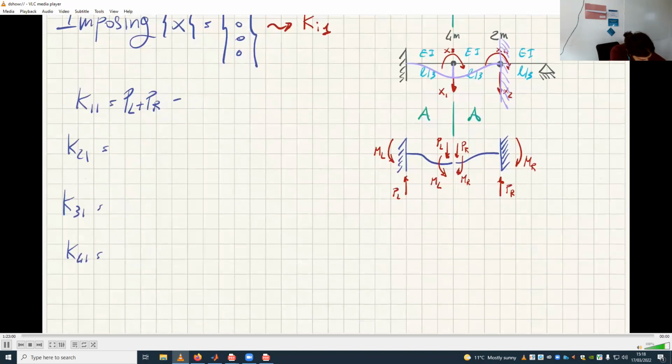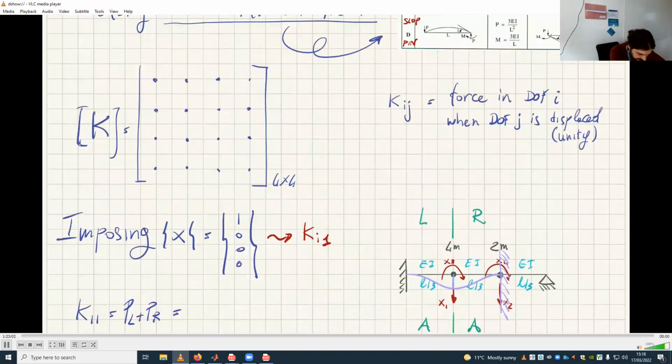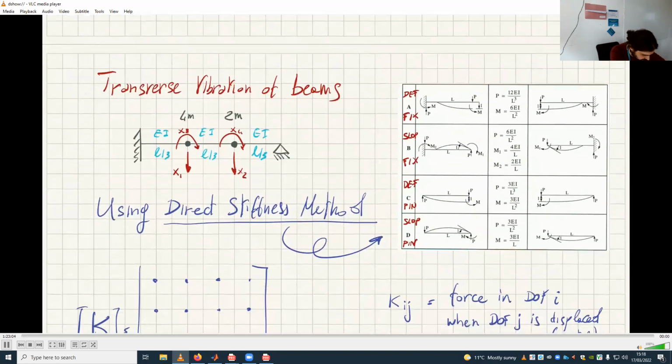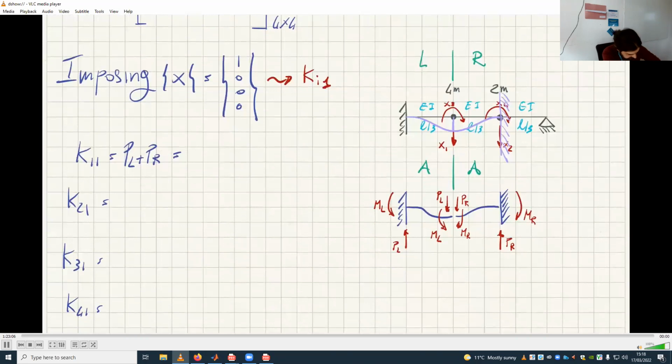And this is equal to, PL is 12 EI over L cubed. Also, remember these, 12 EI over L divided by 3 cubed, plus exactly the same. See, on the right, it's exactly 12 EI over L cubed.